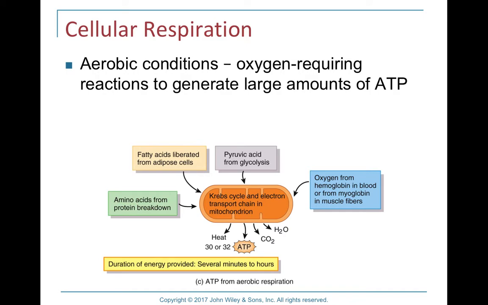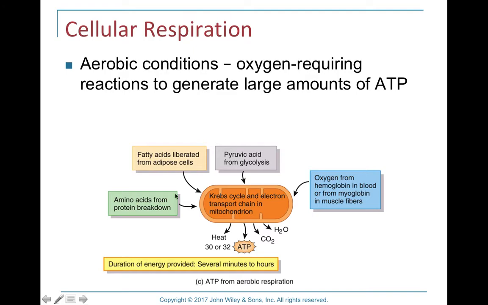So with aerobic respiration, with muscular activity that lasts longer than 30 seconds, we can go through this process and we'll have ATP production involving the complete oxidation of glucose via the cellular respiration process.